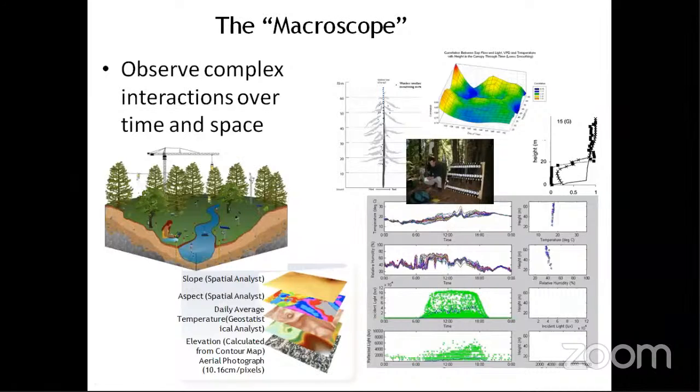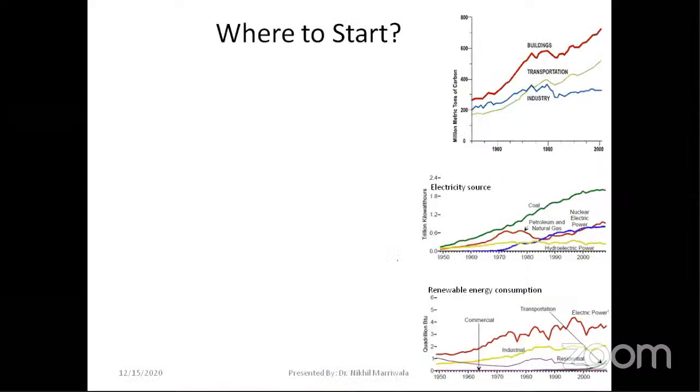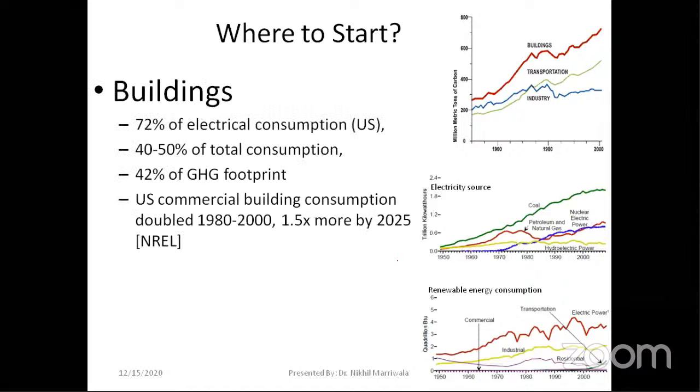The macroscope in this case is, again, I'm utilizing that same figure over here, where we observe complex interactions over time and space, and then we analyze. So where to start? We have some buildings, we have the transportation industry, we have electric energy, we have renewable energy, and how they are consuming the energy.